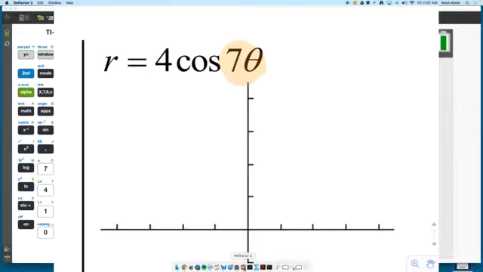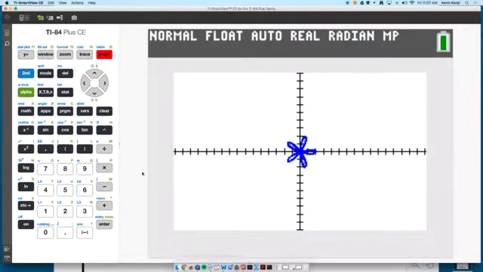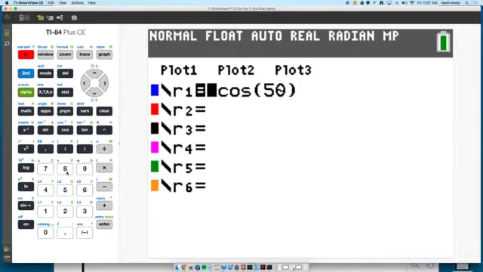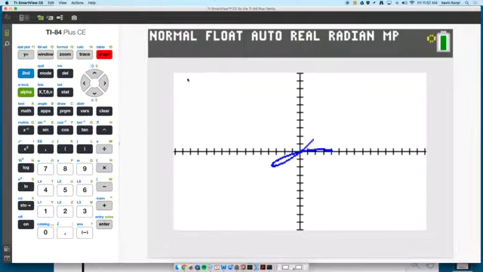Has what type of symmetry? X-axis. Yeah. So let's graph it. They start getting really hard to draw by hand, at least if you're trying to make them pretty and perfectly symmetrical. But the calculator does a fine job of it. So 4 cosine of 7. Pretty, right?